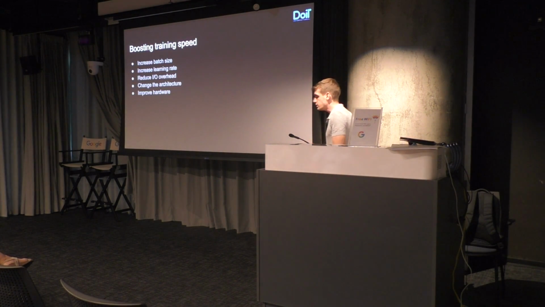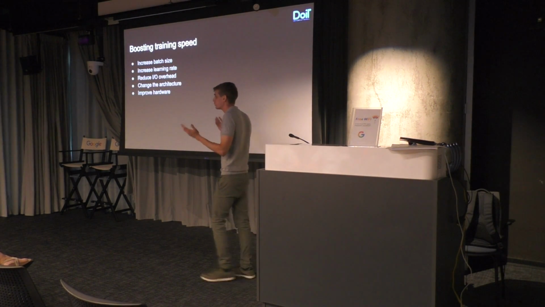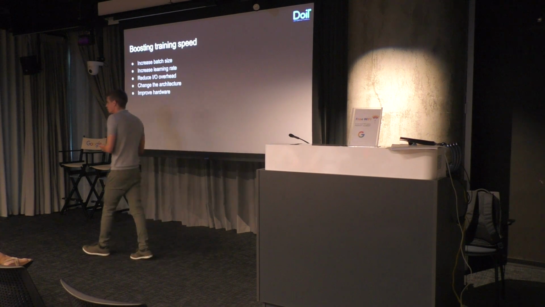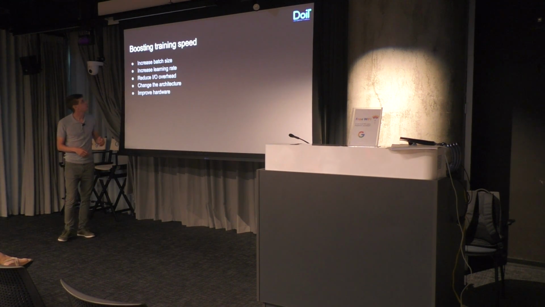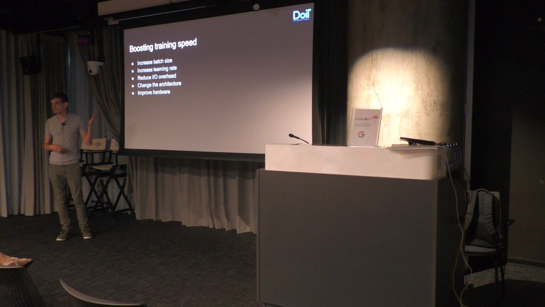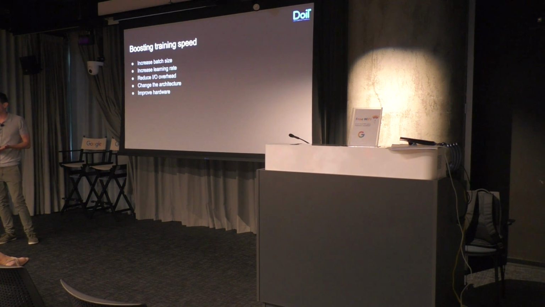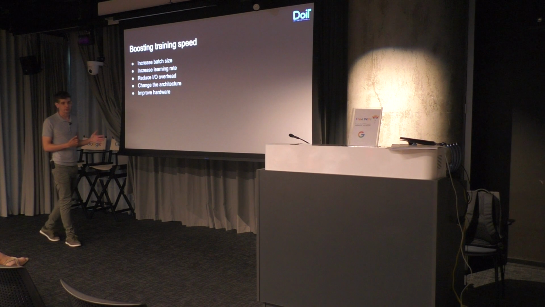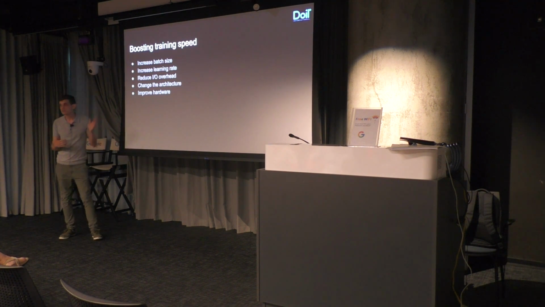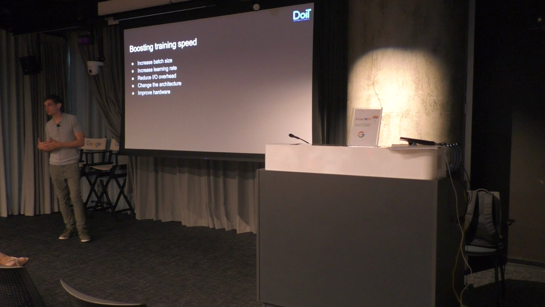So let's say I was training just a regular network. What could I do to increase the speed of the training? First of all, I could increase the batch size. But with very high resolution images, it's not easy, because GPU memory has a strict limitation, and it's not easy to pack a lot of high resolution images into one batch. So it doesn't really work for high resolution training and GANs.